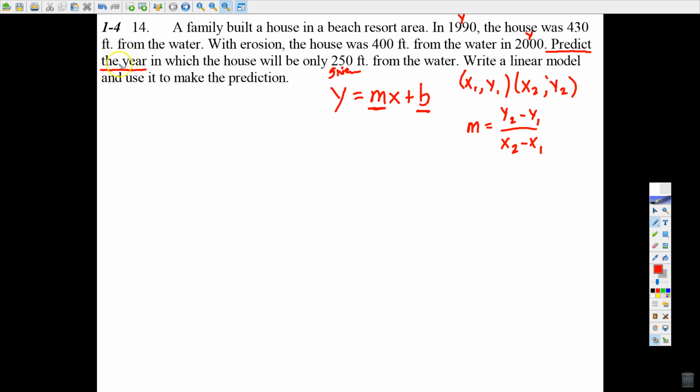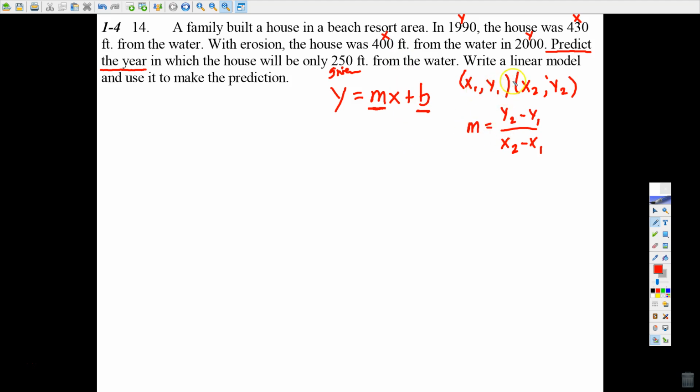So the unknown in the problem, it's your job to figure out, that's y. That means this given number, which is in feet, will be the x. So every number that I see in this problem that talks about feet from the water, I'm going to put a little x above it.